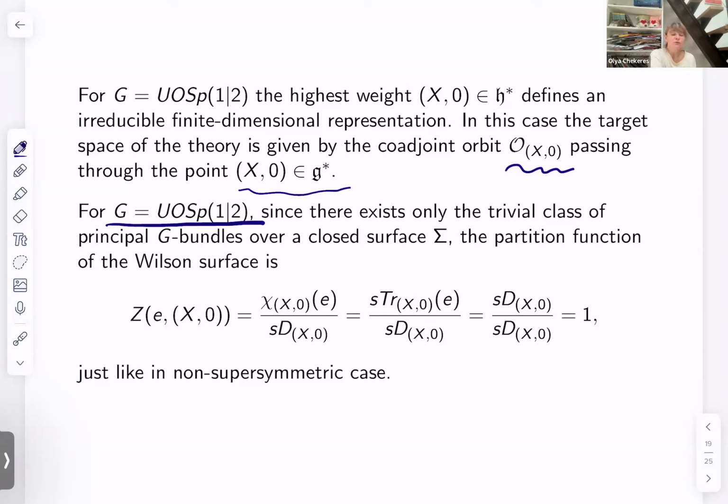The even part of the group is SU2, which is simply connected. This means that there is only one trivial bundle over a closed surface. And then the partition function is computed only for the identity element as a central element.